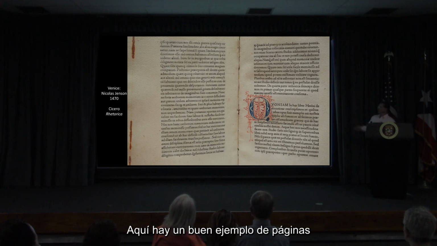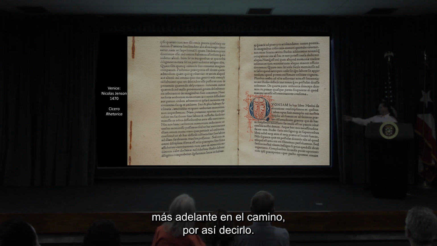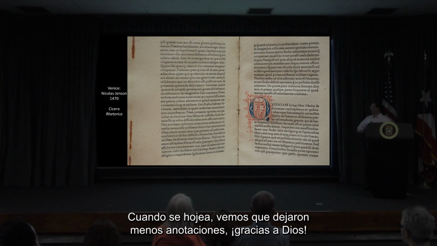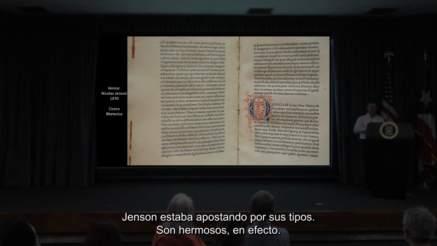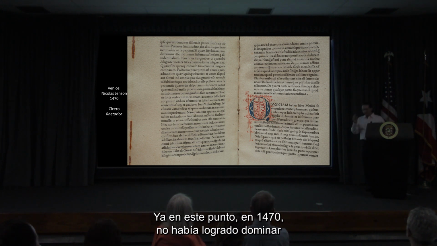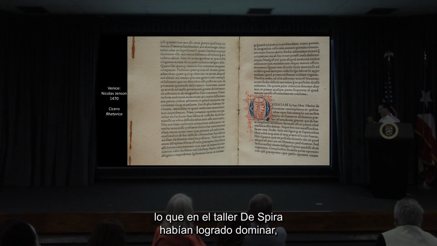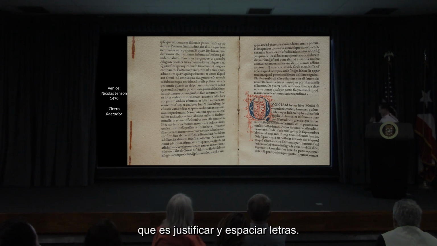Here is a good example of pages down the road, so to speak, as you flip through. The fewer annotations, thank God. But so Jenson was banking on his types. They are indeed beautiful. At this point in 1470, he hadn't yet mastered what the Spira workshop had mastered, which is justifying and spacing letters.